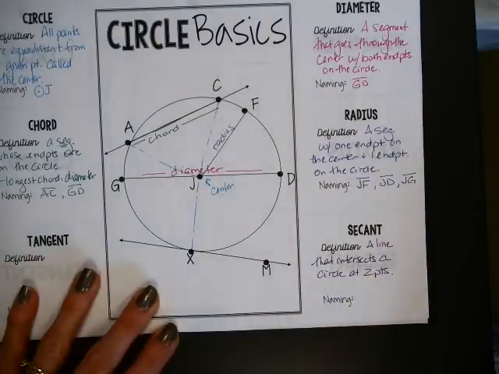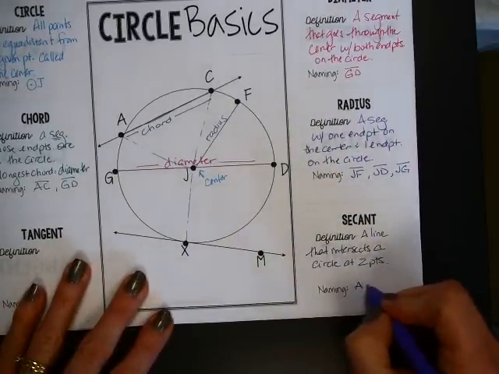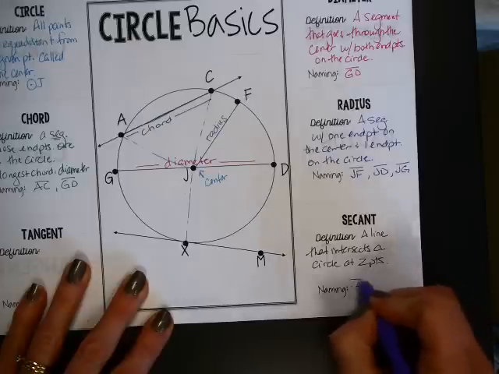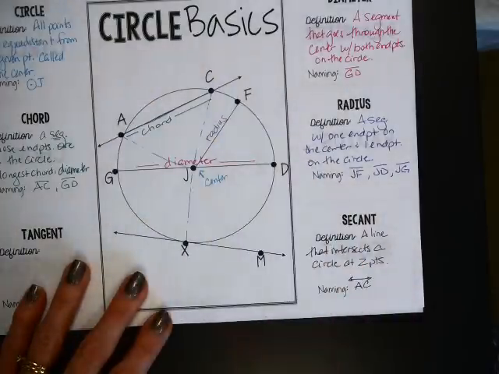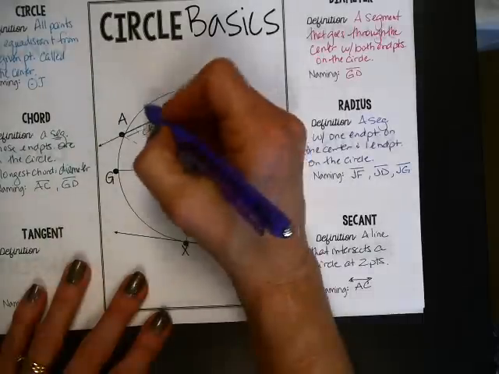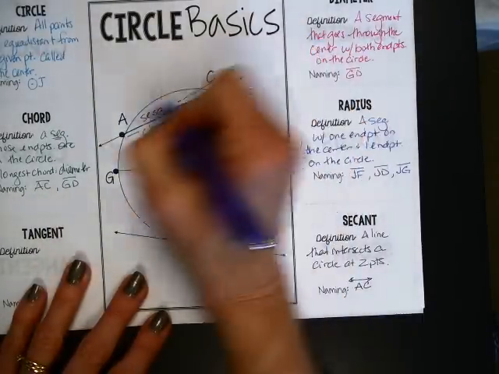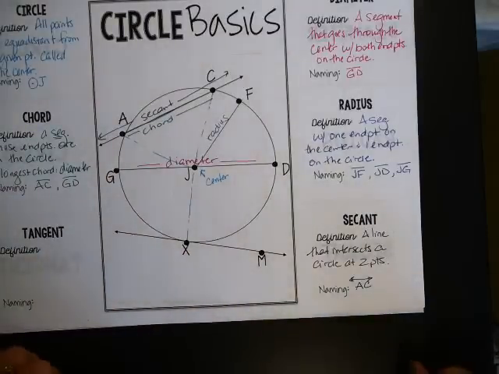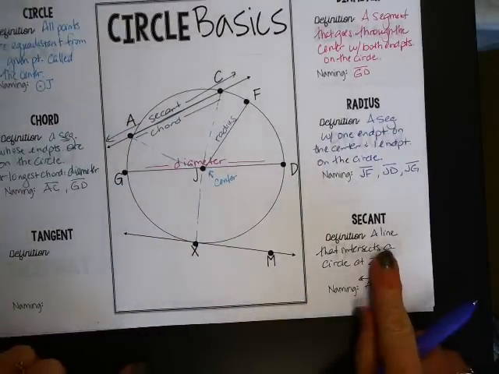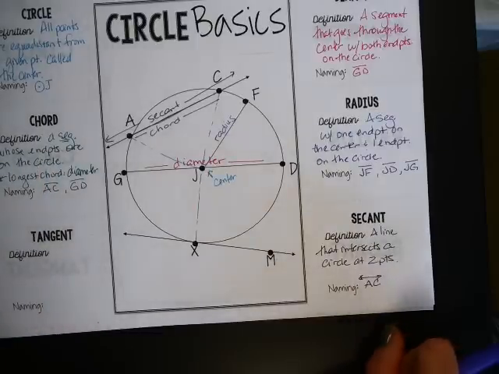So if I now label this, I'm going to take the same letters, AC, but if I put a line above it, because it is a line, it does intersect the circle in 2 points. It is a secant, but it continues on. So a chord and a secant are very similar, except a secant is a line that continues out. A chord has endpoints on the circle.